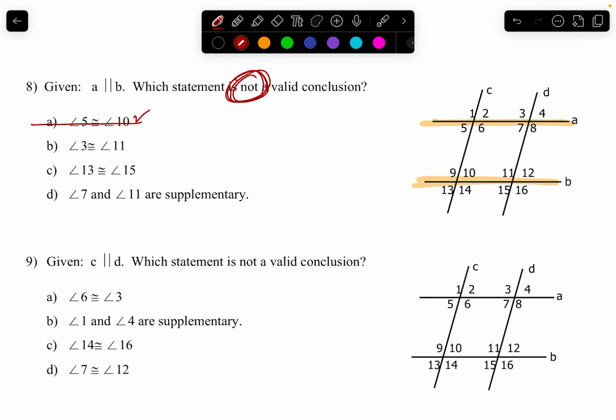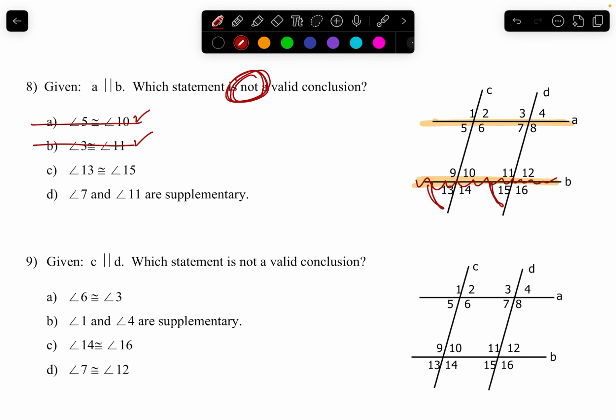All right, let's look at 3 and 11. Here's angle 3, here's angle 11, here is their transversal, which means that lines A and B are parallel. This is a true statement, and it's not what I'm looking for. All right, let's look at 13 and 15. 13 and 15 share line B, that's their transversal.